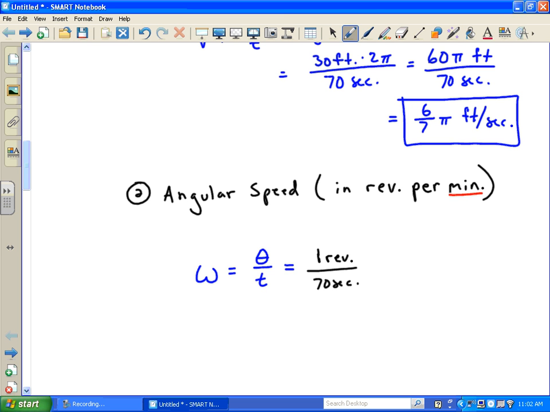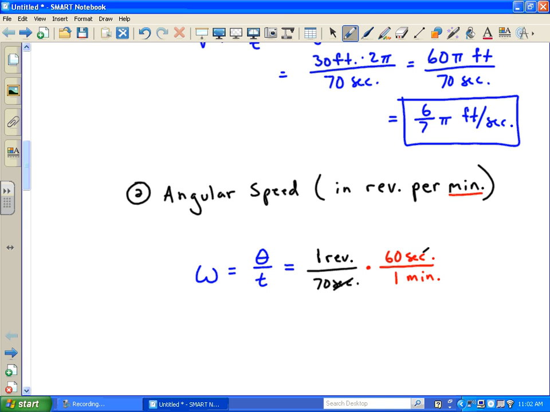The only thing that we really need to change is we need to change the seconds to minutes. So I'm going to come over here and I'm going to multiply. I need to get rid of my seconds, and so I'm going to put 60 seconds on the top, and then I'll put on the bottom 1 minute. And that will get my time units in the proper measure.